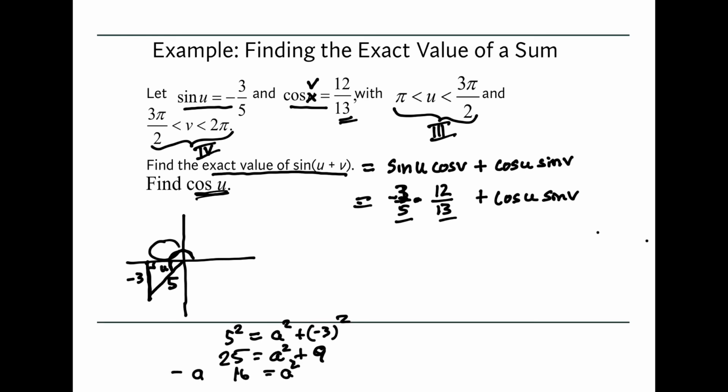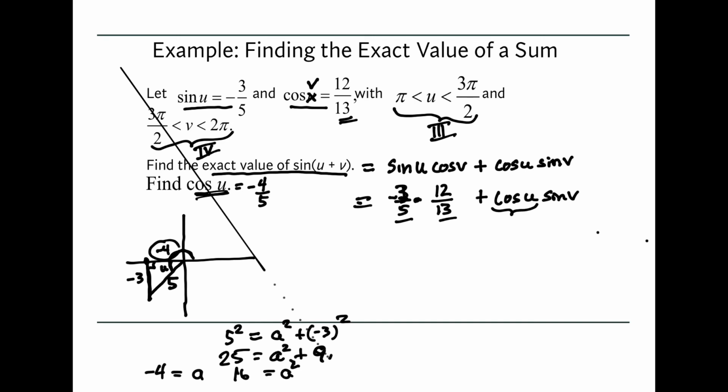So a, in this case, is negative 4. And I know it's negative because I would have to go in a negative direction there to get to this spot. All right. We also know that in the third quadrant, cosine is negative. So the cosine of u is the adjacent, so negative 4 over hypotenuse 5, so negative 4 over 5.